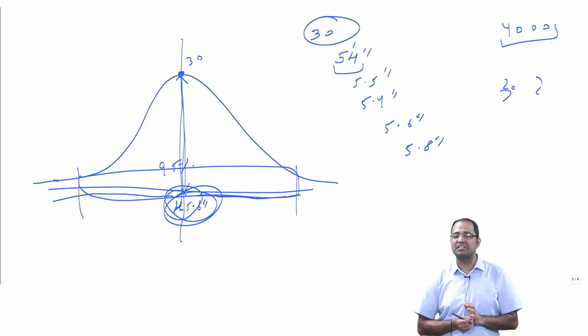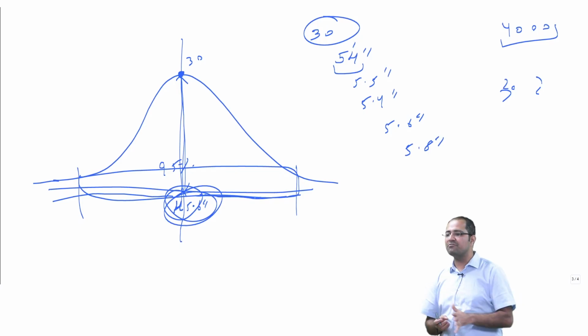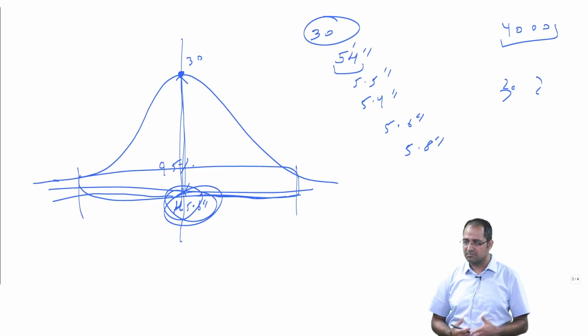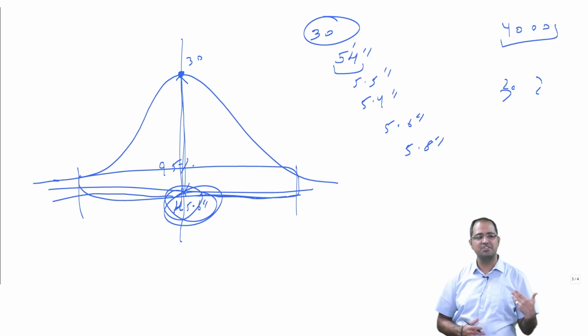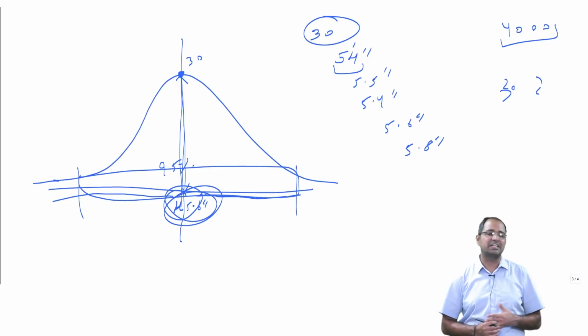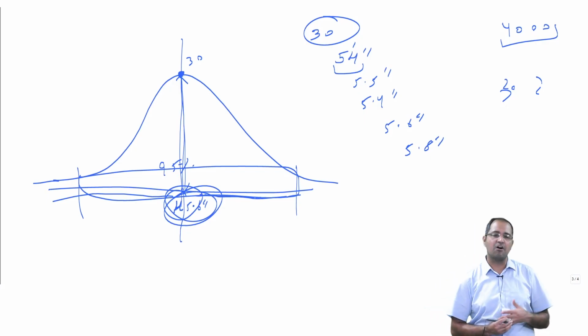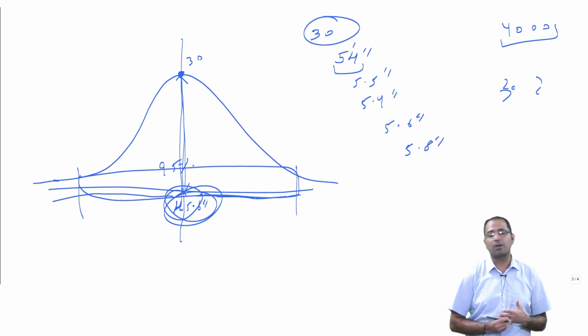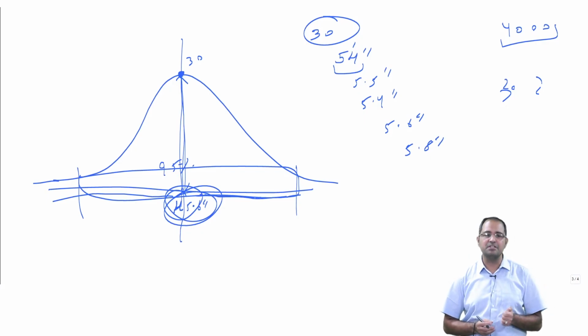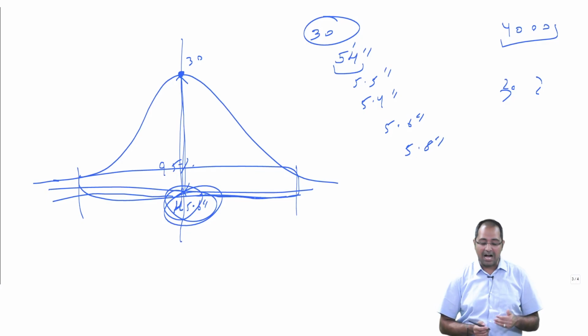When the sample size is 30 or greater than 30, the sampling distribution will be near normal, whereas when the sample size is less than 30, the sampling distribution will not be normal. And many of our statistical tests have the assumption of a normal sampling distribution. So once we understand the sampling distribution, now we can go a little bit further to see how it is used.